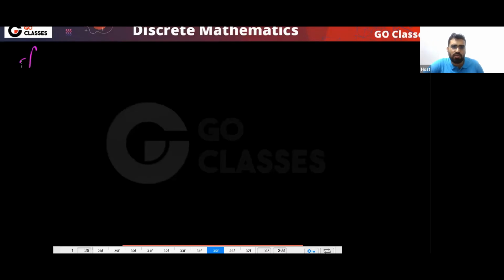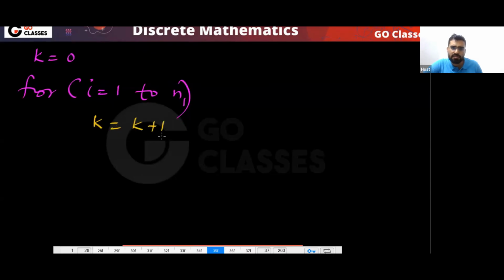The value of k is initially 0, then you run i equal to 1 to n, and in this loop you do this, which means increasing the value of k by 1.